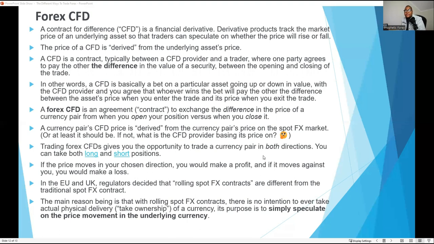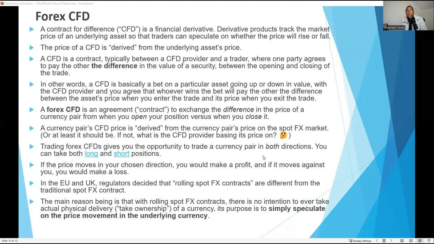The Forex CFD agreement or contract is to exchange the difference in the price of a currency pair from when you open the position versus when you close it. And the currency pair CFD's price is derived from the currency's price on the spot FX, or at least it should be. If not, what is the CFD provider basing the price on?